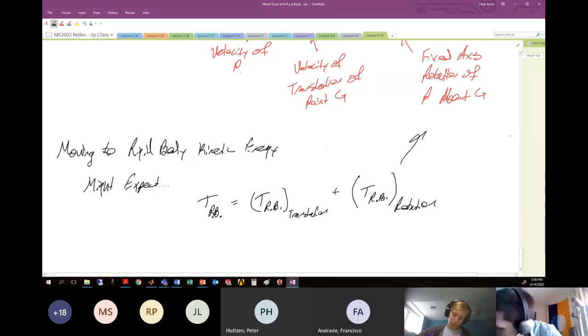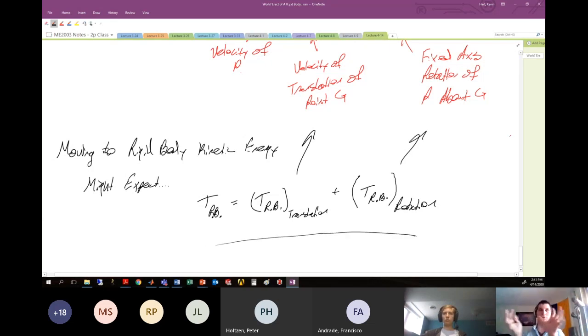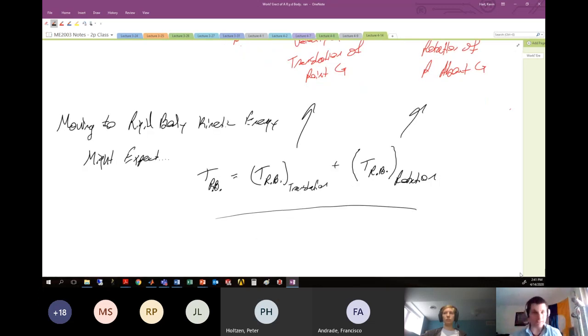It's very analogous to what we saw here, where velocities of certain points on this body were a combination of translation plus fixed axis rotation. We might expect something very similar for kinetic energy, and that's exactly what we're going to see.